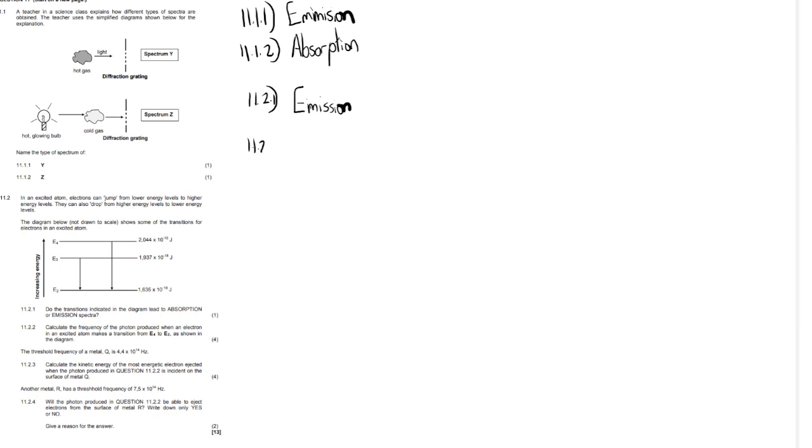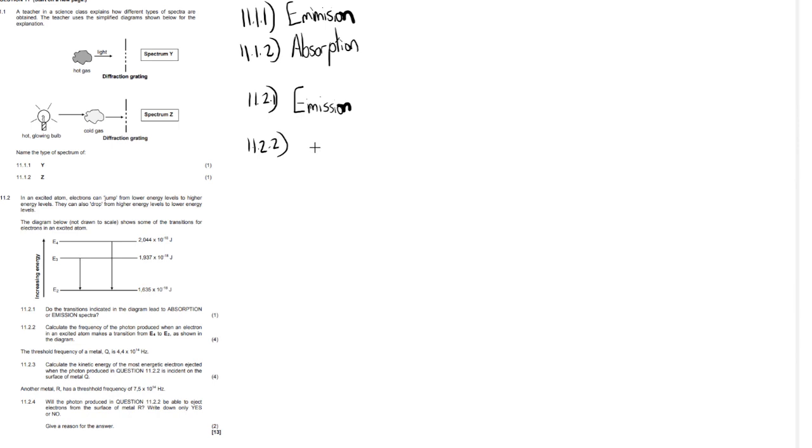Continuing on, 11.2.2. Now they're asking us to calculate the frequency of the photon produced when an electron in an excited atom like this makes a transition from E4 to E2. Right, so going from this energy level to this energy level, as shown in the diagram. Now if it goes from this energy level to that energy level, it loses that much energy.